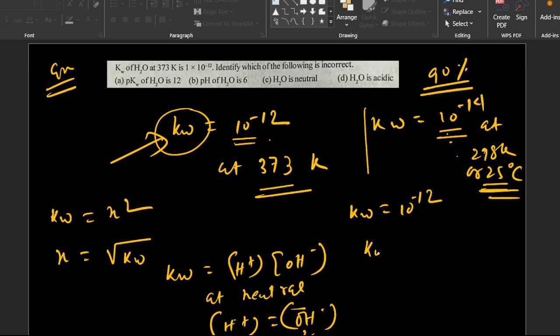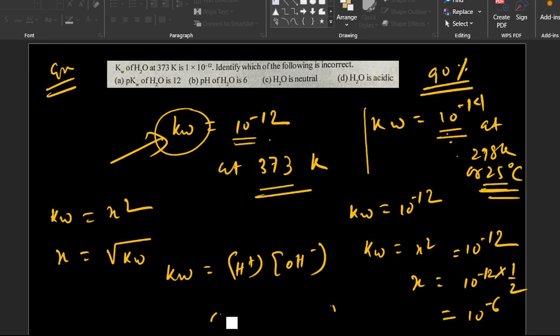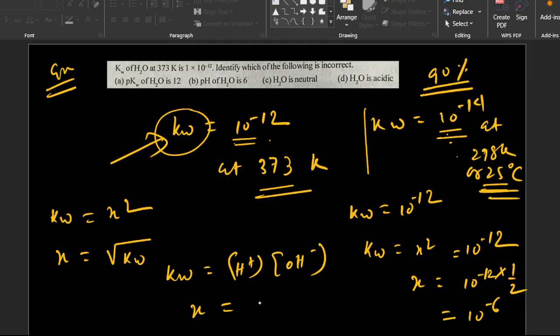Okay, Kw equals x square equals 10 raised to minus 12. So x equals 10 raised to minus 12 to the power 1 by 2, that is 10 raised to minus 6. So x, which is H plus or OH minus, equals 10 raised to minus 6.